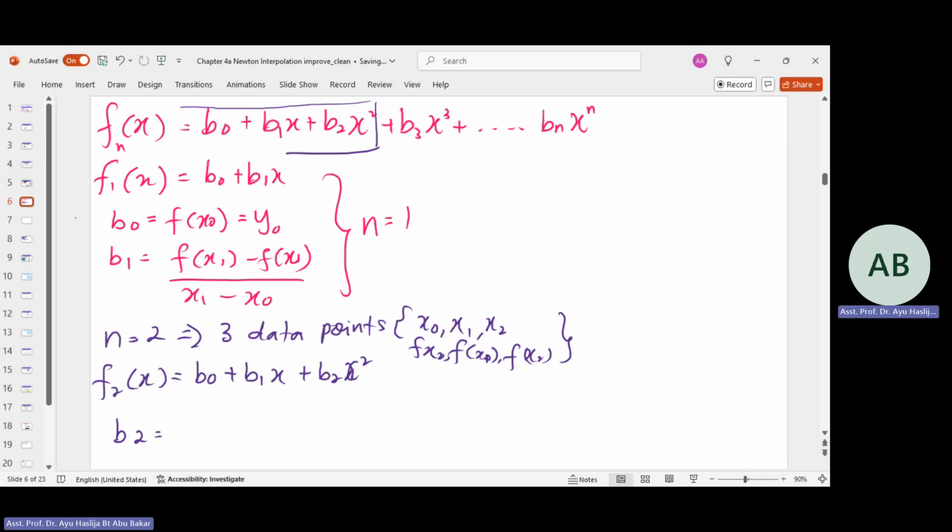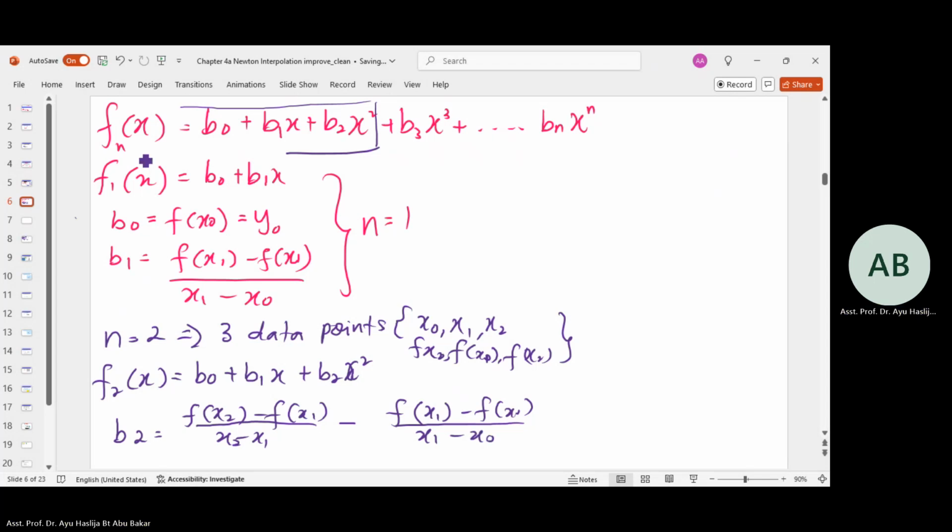It involves finding each slope. Between 2 points, f(x2) minus f(x1) over x2 minus x1, then minus the slope between x1 and x0, f(x1) minus f(x0) over x1 minus x0, over the whole thing, x2 minus x1.